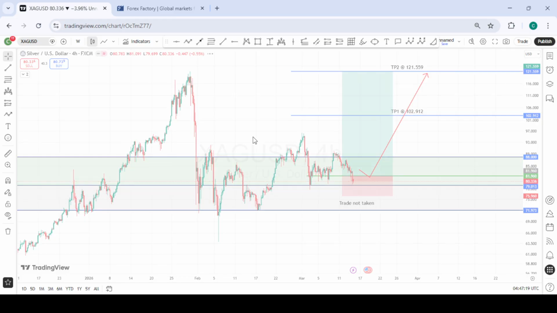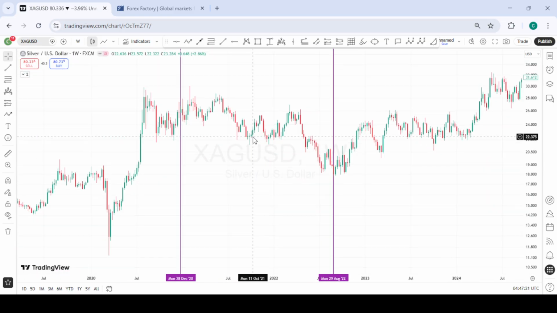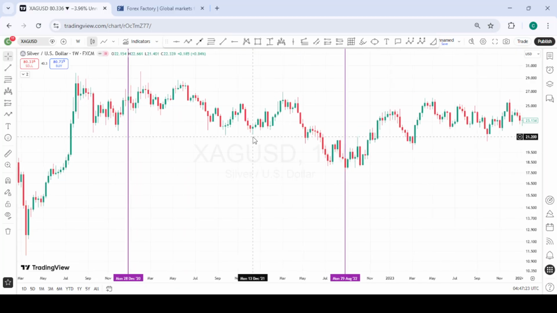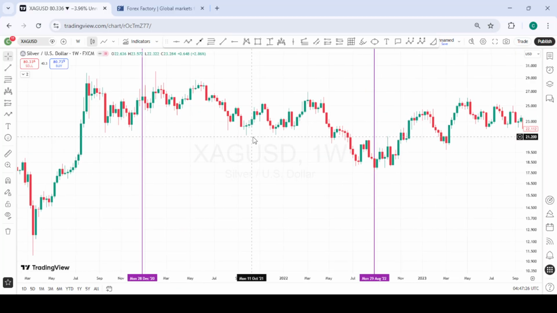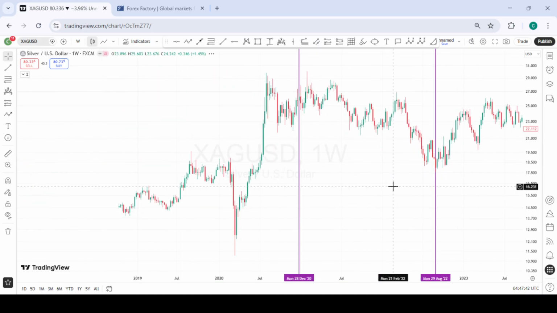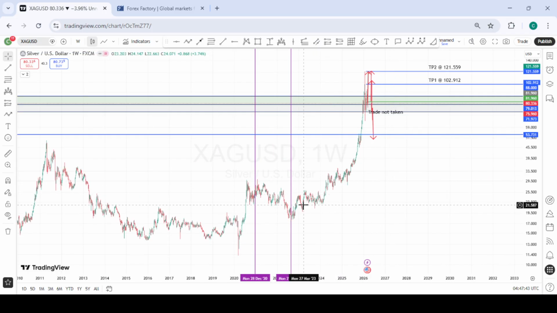So let me go back to the 2021 to 2022 time frame. What we can see is that there was a bit of consolidation on silver, and we saw price dip a little bit, or let me say correct for a while before price later took off from there.